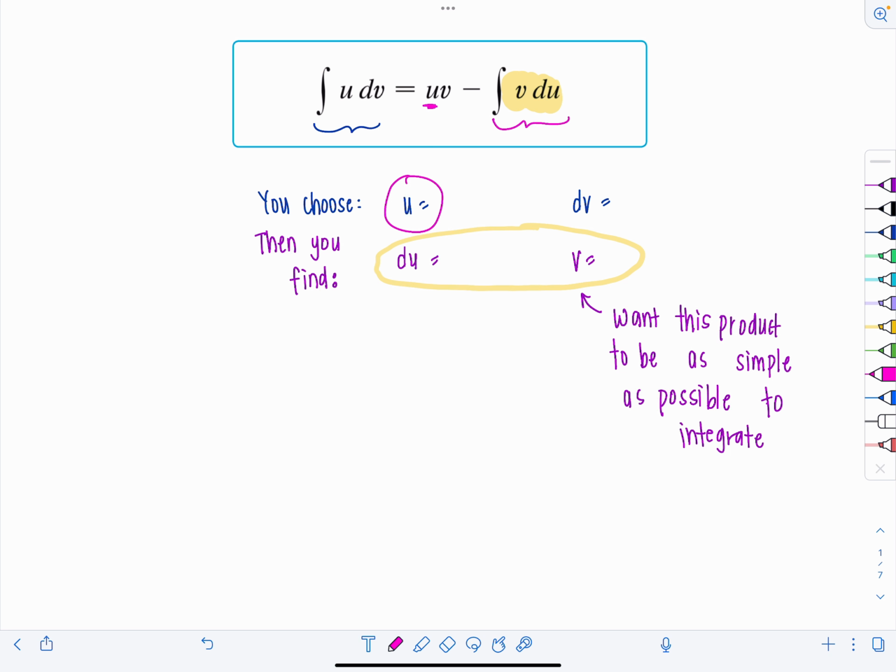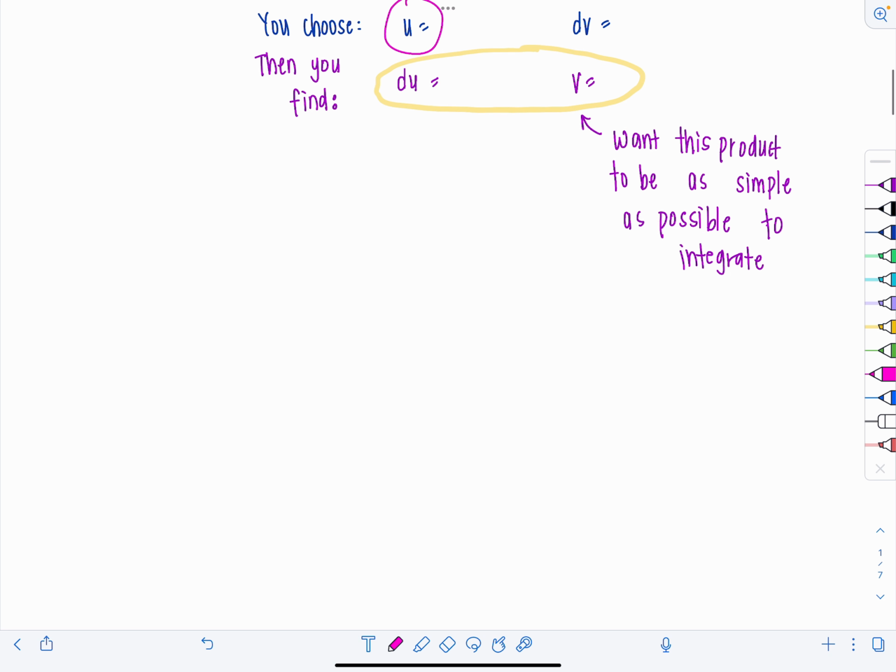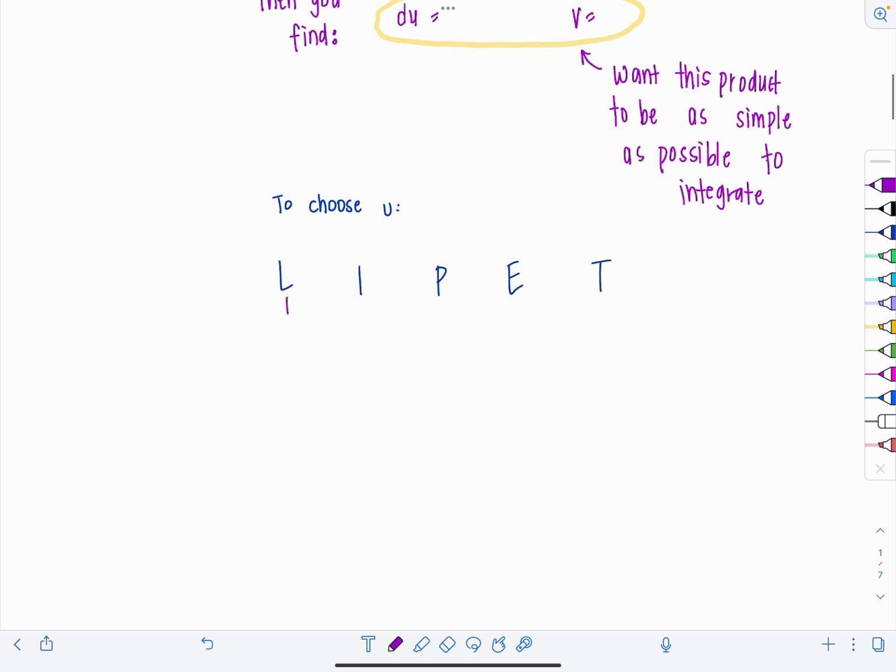Another thing that could help you when you're trying to decide what should I let u equal, and I mentioned it in the other video, but let's just rewrite it here. So if you're going to choose u, you can remember the acronym LIPET. And what it stands for is, typically, if you see a log, natural log, you would let that be u.